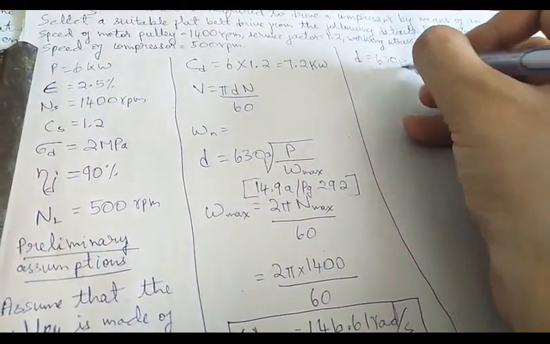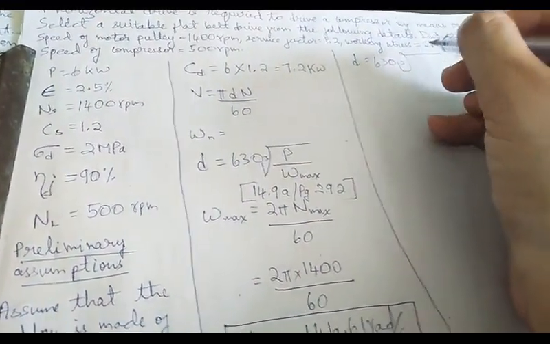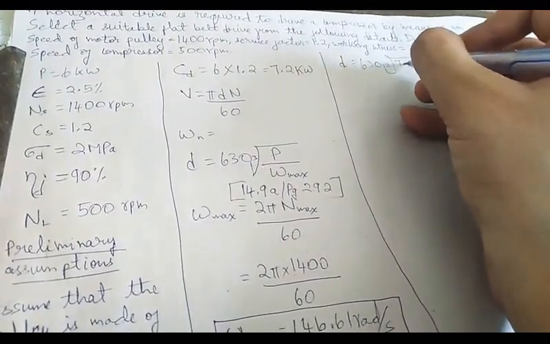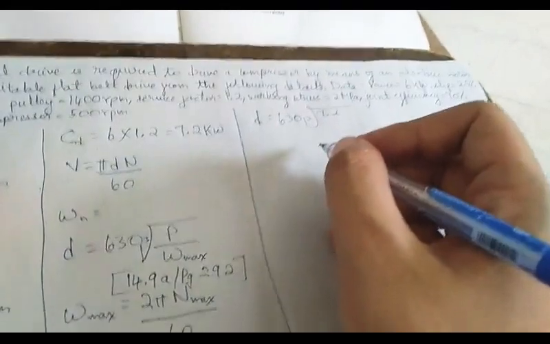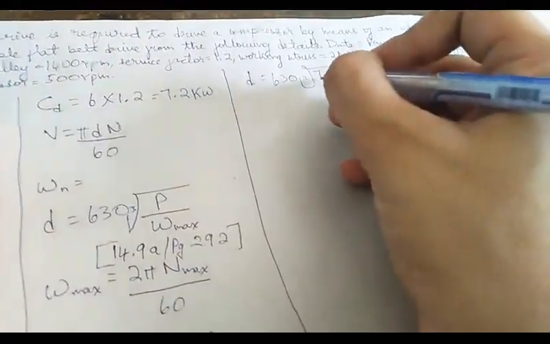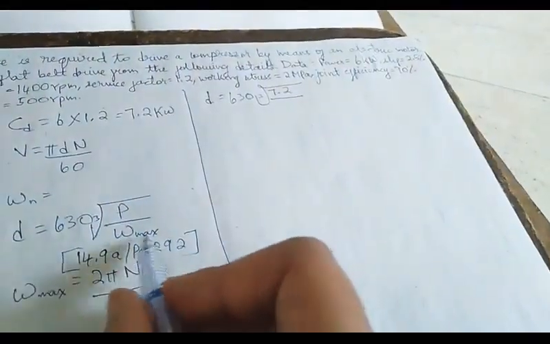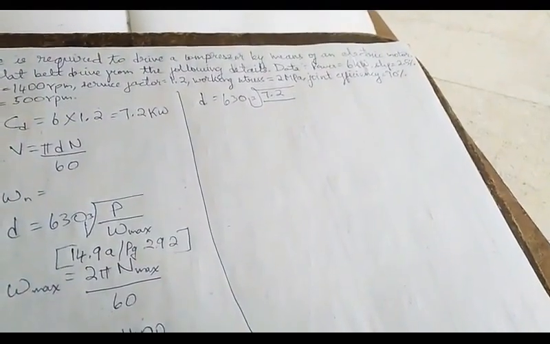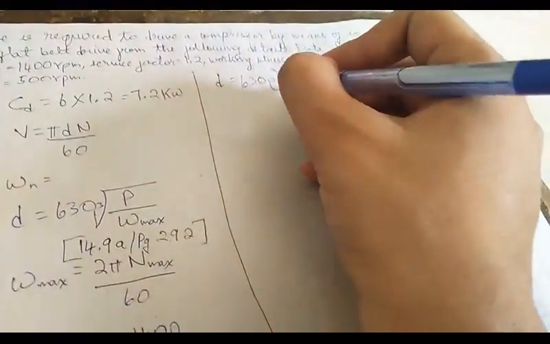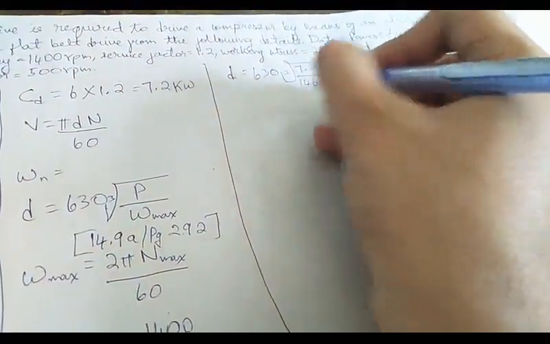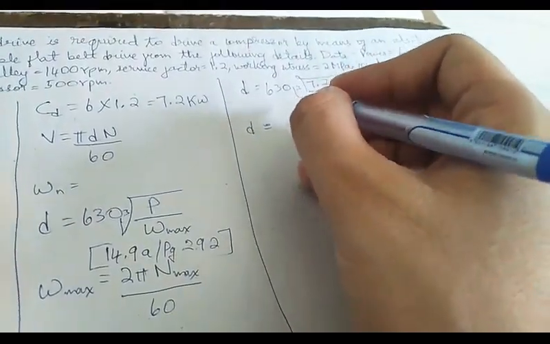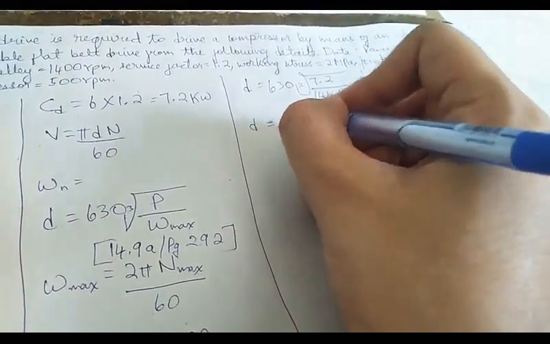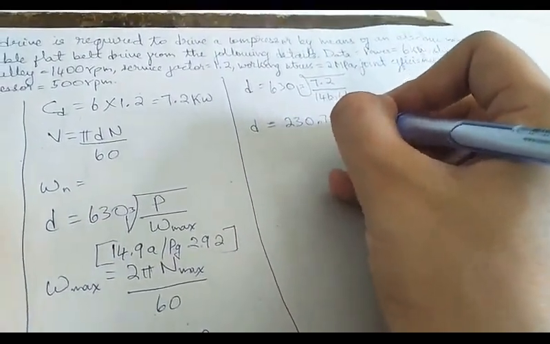D is 630 times the cube root of power 7.2, substituted in kilowatts, divided by omega max, 146.61. So the value of diameter we are getting is 230.71 mm.